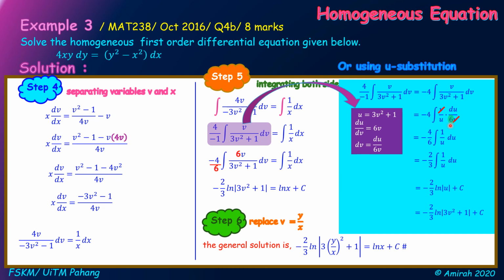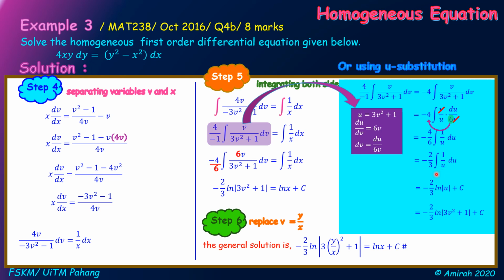At the same time, we can move the constant 6 outside the integration sign. So it becomes over 6 because 6 comes from the denominator. And then we simplify negative 4 over 6, so we have negative 2 over 3, and then the integration of 1 over u du.